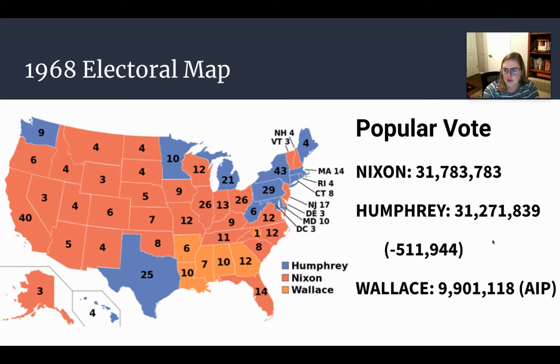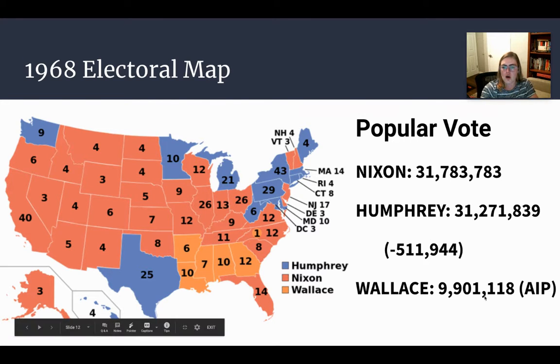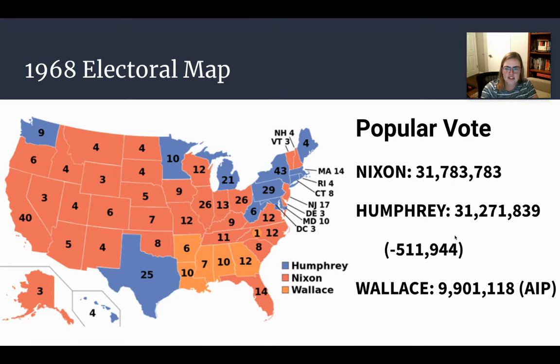If we look at the popular vote, it's pretty close. Nixon's 31.7, we'll say, and Humphrey is 31 point, we'll round it to 3 or whatever. So not that far apart. But we get the third party guy in here, and ultimately Nixon will win more of the electoral votes. But he's going to say essentially that this gives him a lot of support.